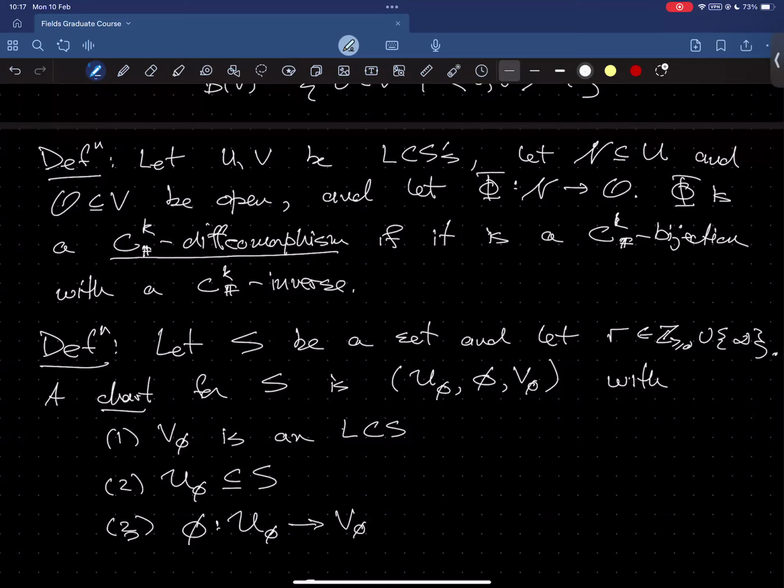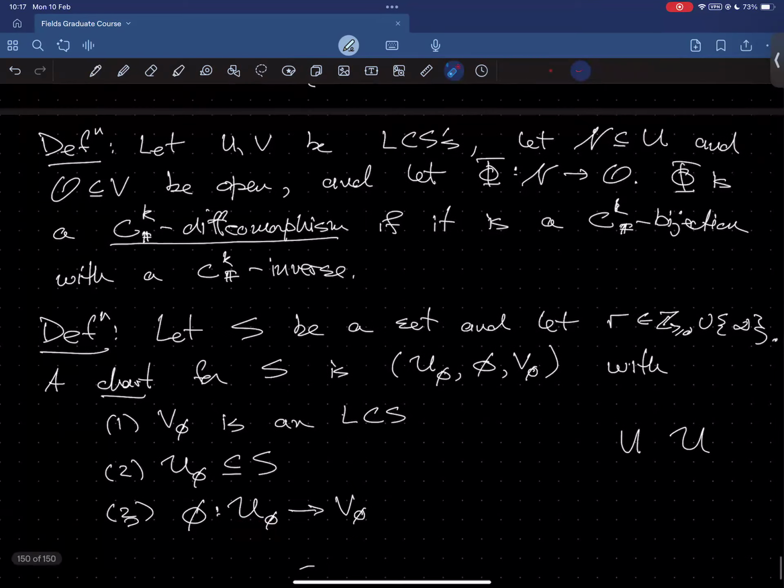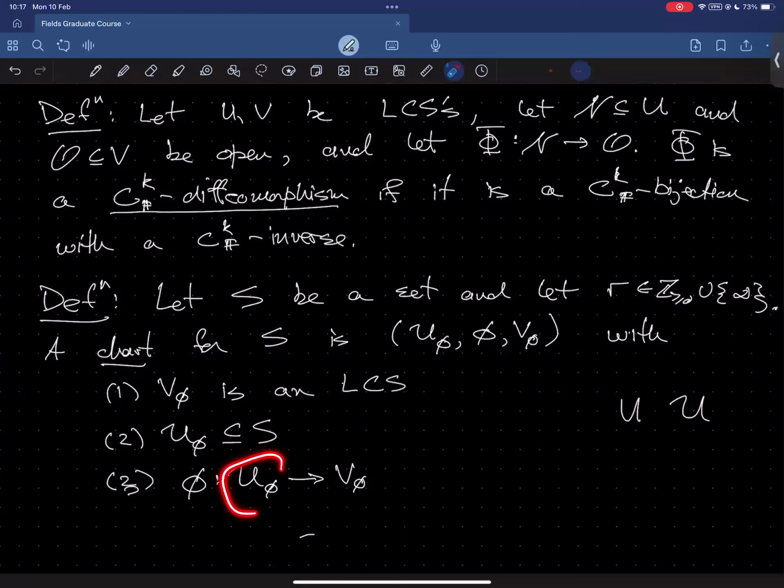And so you'll notice here that I'm trying to carefully use a different font for the U here. When I had a vector space, I wrote U like that. Here I'm writing U like that. So bear in mind, although this is U and we just spent a month talking about U as a vector space, this is not a vector space. Okay, so what do I know about phi?